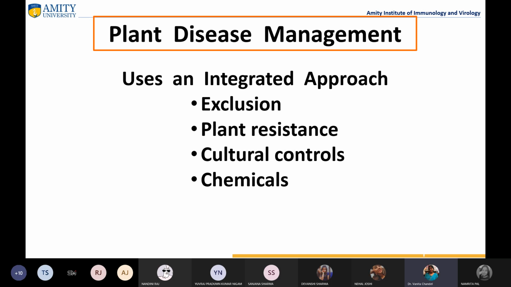So a lot of cultural methods are available. Certain cultural methods are also available to eradicate the insect pests, especially those that are vectors of viral diseases. Then chemical control is at the end. So what are the different chemicals, such as fungicides or insecticides or nematicides, which are available in the market, which we use for the management or control of a particular disease in the field, right?